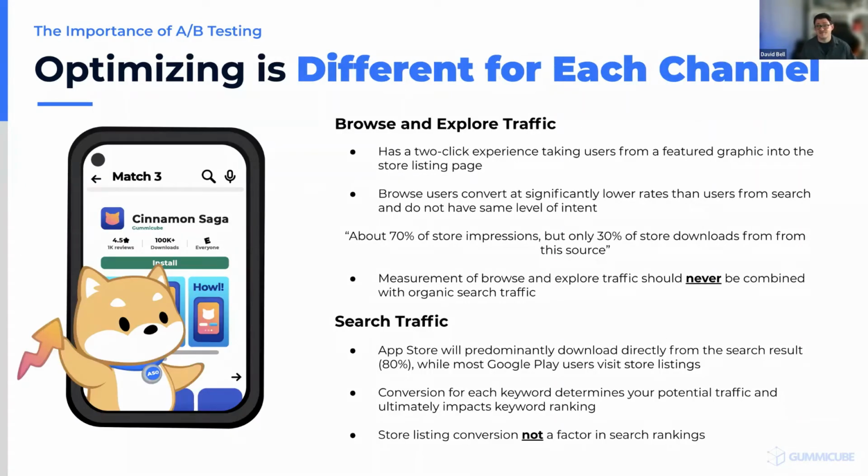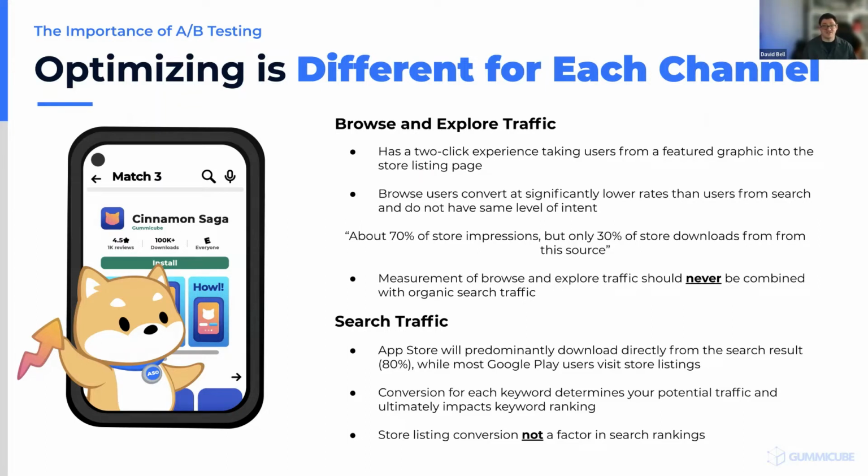We also believe optimizing is different for each channel. There are a few different ways of breaking channels apart. In our world, we look at channels within the store, like browse and explore traffic versus search traffic. And we think of it that way because each channel has a different user experience or user journey.